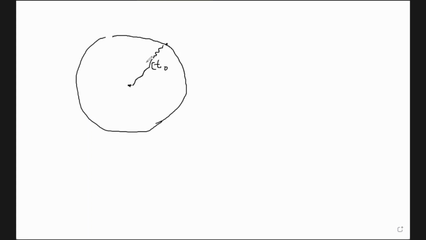Suppose the light has traveled up to this point and is still traveling midway, but this distance is stretching because of the expansion. If space did not move, it would be ct naught distance. But as space is expanding, we will see actually our horizon dh.